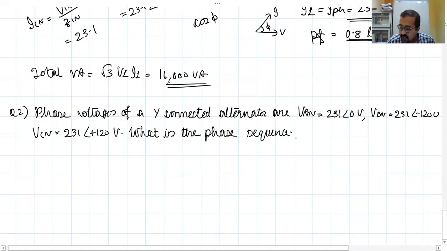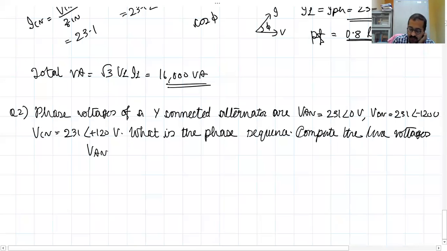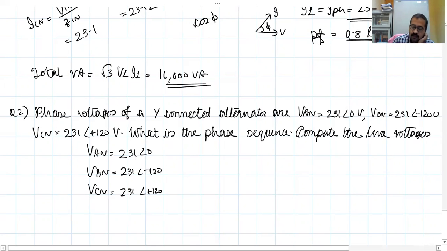Compute the line voltages. So you are given VAN is 231 angle 0, VBN 231 angle minus 120, and VCN 231 angle plus 120.